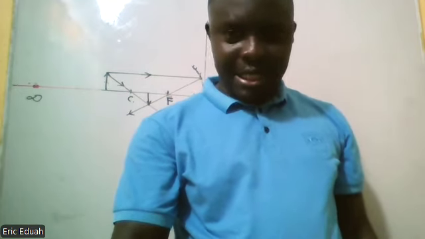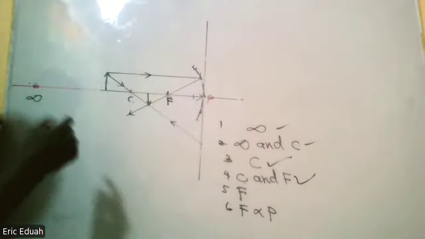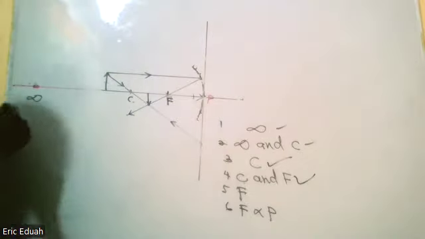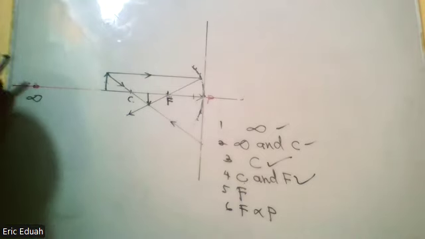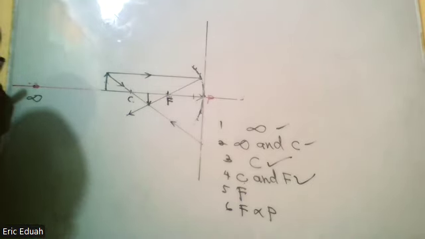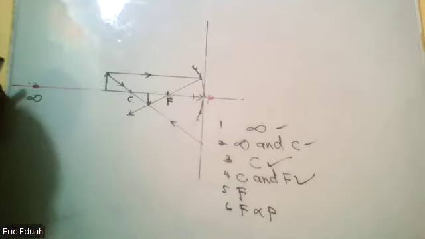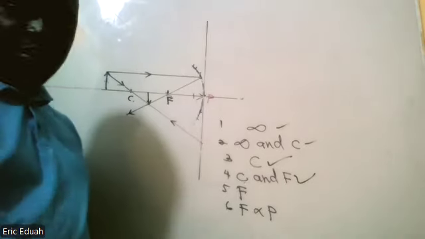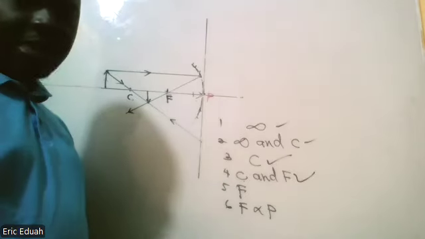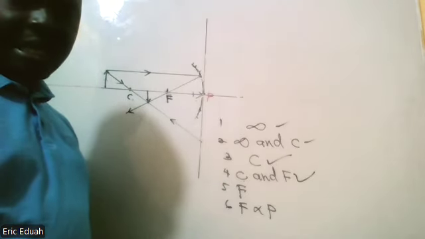Object is between F and P. What will be the nature of the image formed? Rachel, don't waste time. Rachel is wasting my time. Okay, somebody else. Anybody can answer.